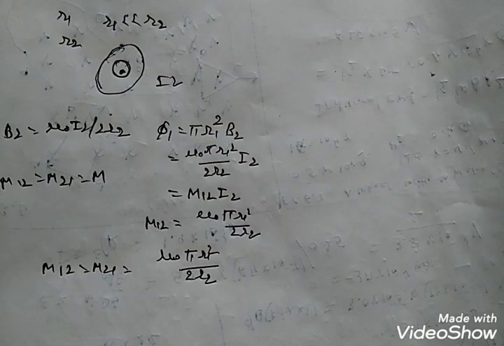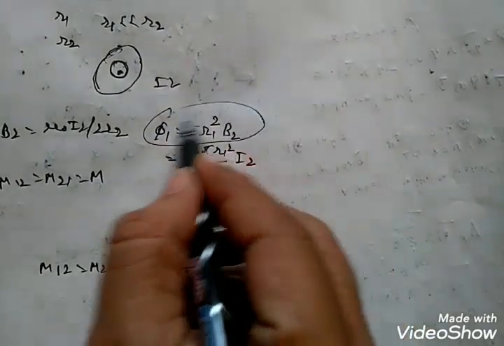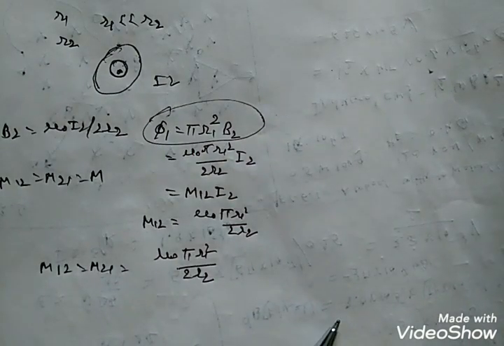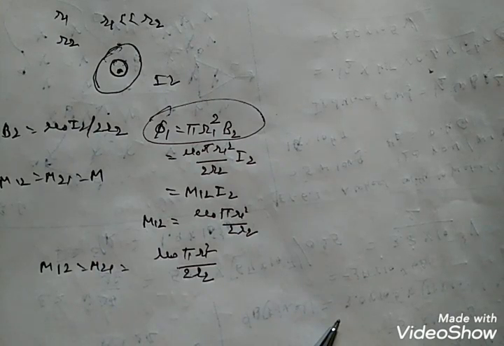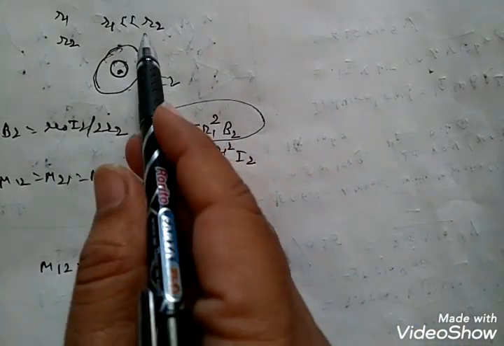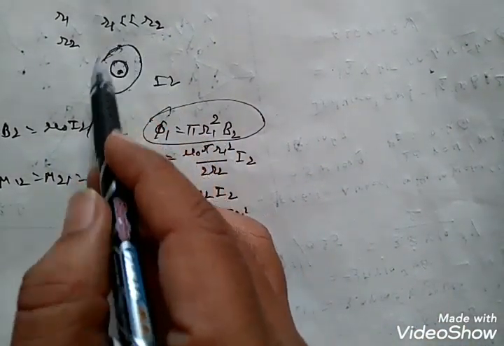Here we calculate M12 from an approximate value of phi 1, because R1 is very small, so we consider the field constant over the cross-section area pi R1 square. We can accept this value because the outer coil has a very large radius compared to the first one.